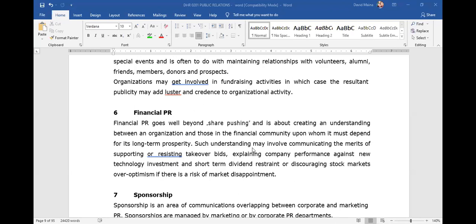So such understanding may involve communicating the merits of supporting or resisting takeover bids. When you talk about a takeover bid, it is when a company takes over or buys another company. Like there is ICEA Lion Group, it joined another company.